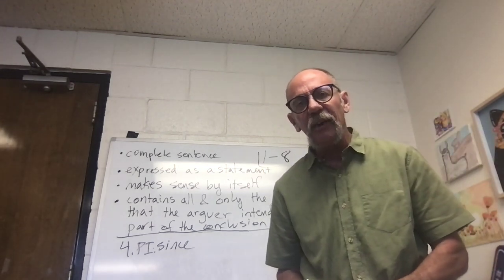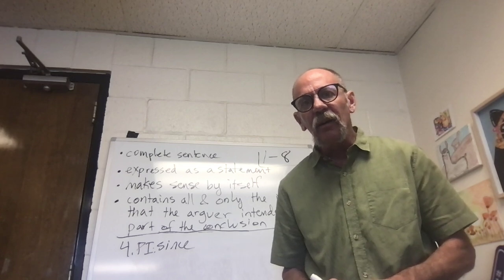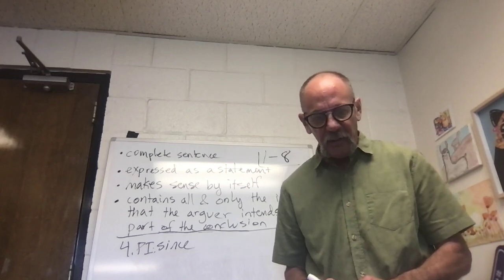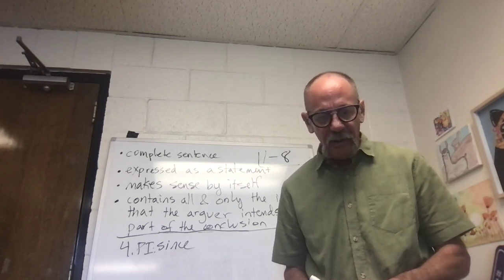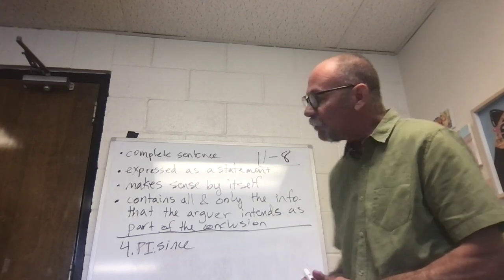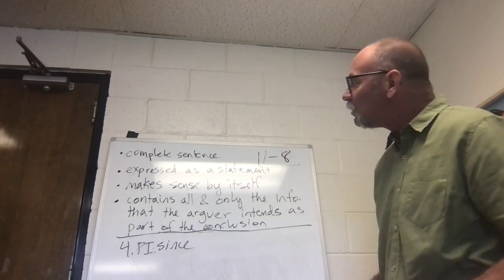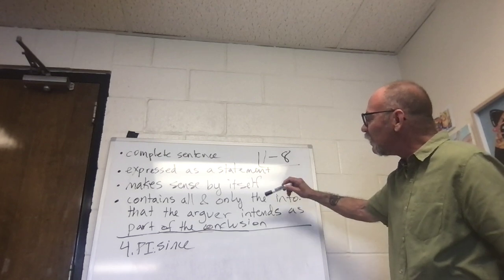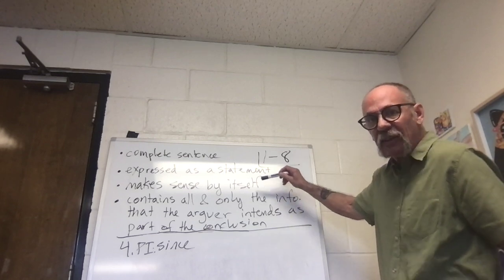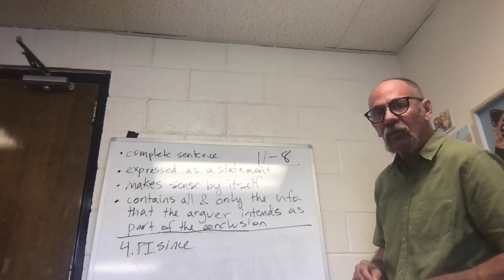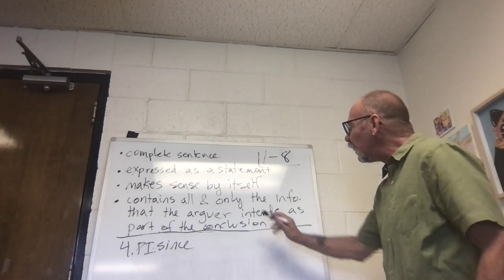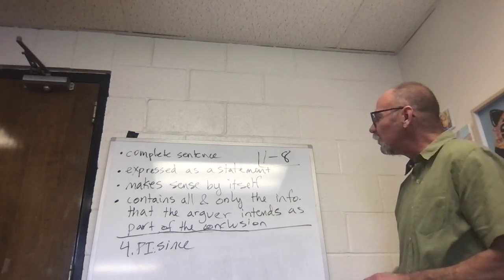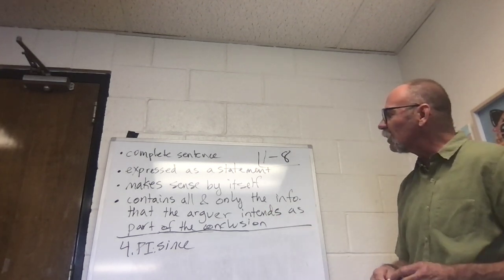By process of elimination, then, the other statement here must be the conclusion. That says poultry owners trap servals ruthlessly. We do not need to rewrite this at all. It's a complete sentence expressed as a statement, makes sense by itself, at least as long as you know the meanings of the words, including the word serval, and contains all and only the info that the arguer intends as part of the conclusion.